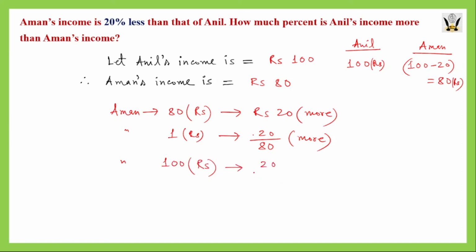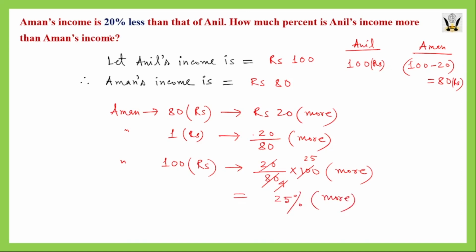It will be 20 divided by 80 and then multiplied by 100, and this much is the amount of more income that Anil earns. So 20 divided by 80 means 1 by 4, and 1 by 4 multiplied by 100 is 25, in percentage. So it will be 25% more.